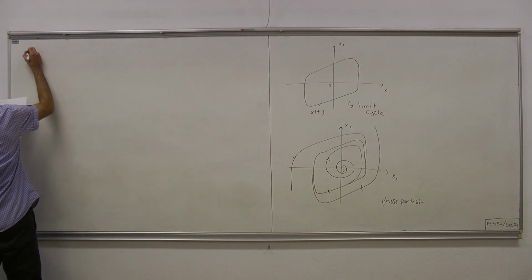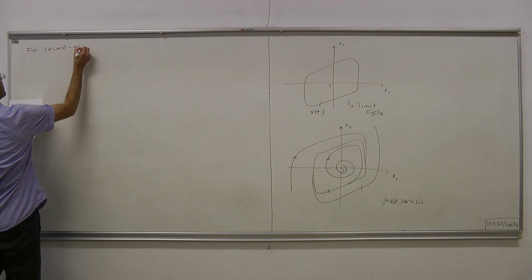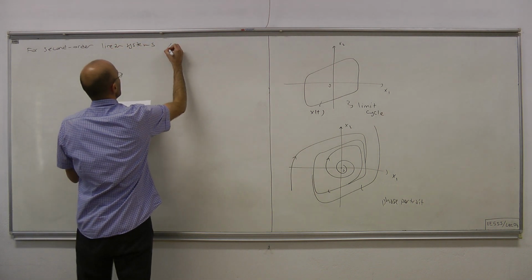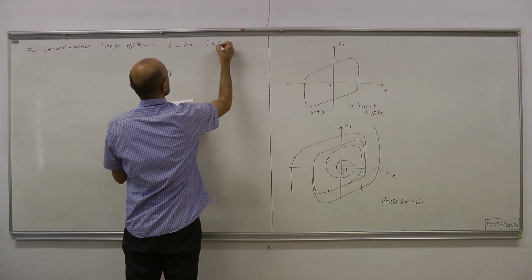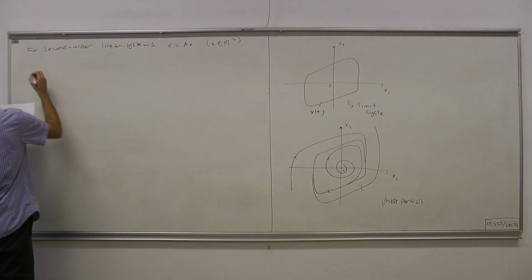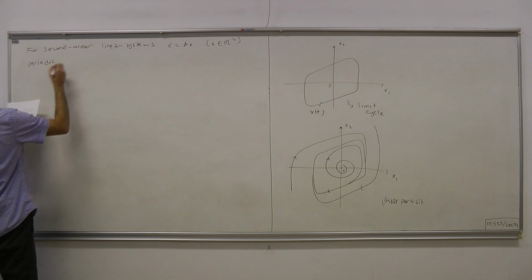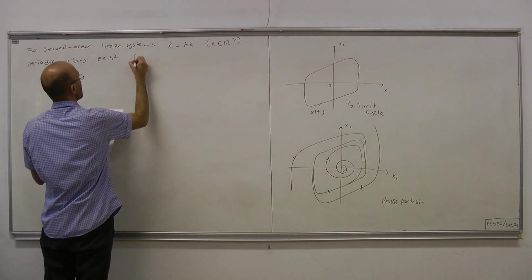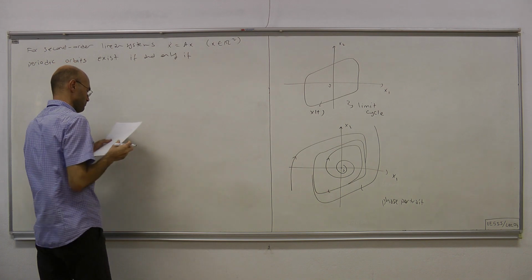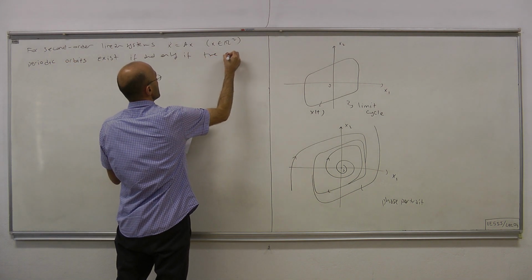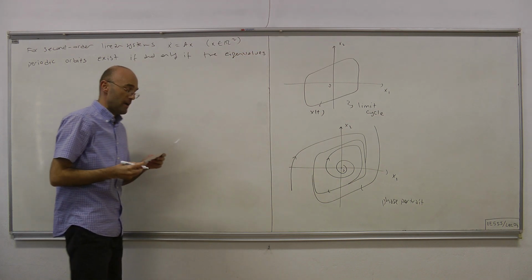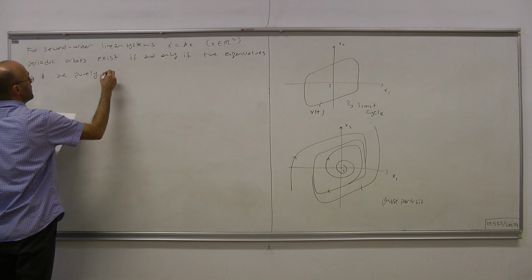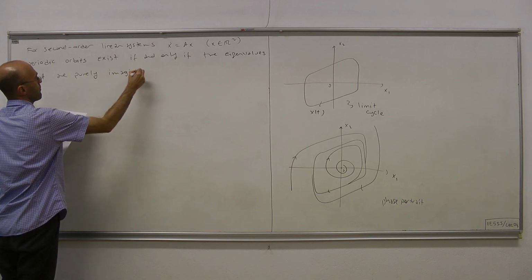Now for second order linear systems, x dot equals Ax, x in R2, a periodic solution exists if and only if the eigenvalues of A are purely imaginary.